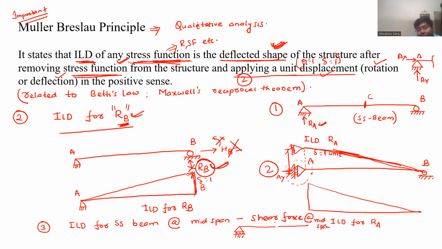We can directly provide a shear release. A shear release will remove the shear force at that point C. This is a hinge support. This is a roller.